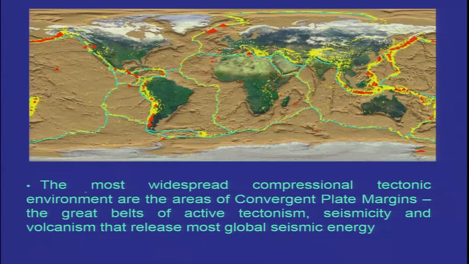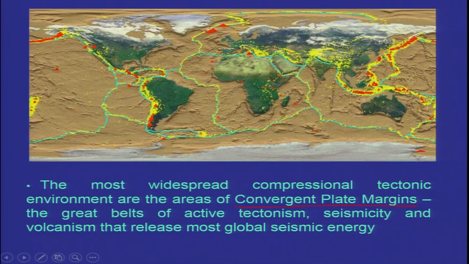Now the most widespread compressional tectonic environment is the area of convergent plate boundaries, or the great belt of active tectonism, seismicity and volcanism that releases most global seismic energy. So the maximum amount of seismic energy is released along the subduction zones, that is, convergent plate boundaries. We say convergent and collision boundary.